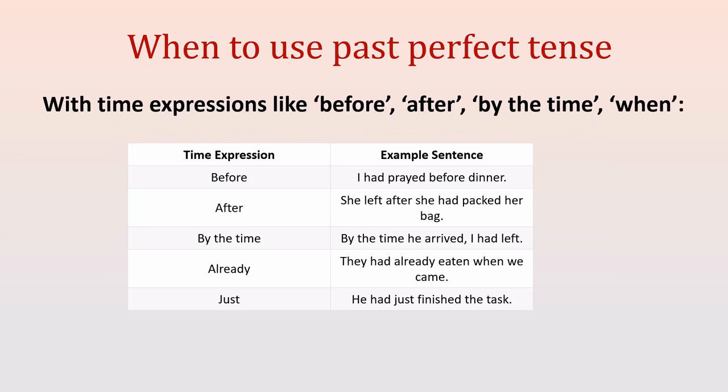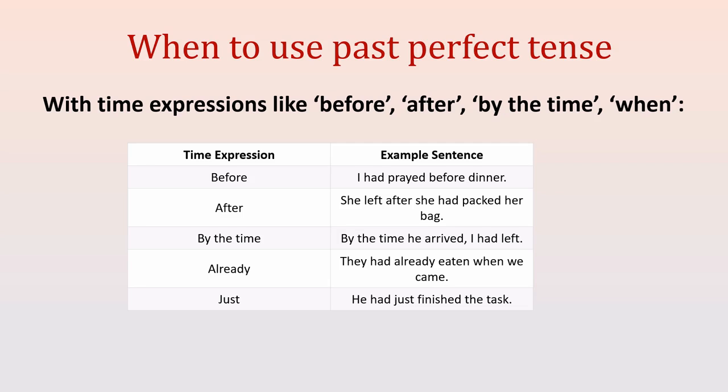Next, with time expressions like before, after, by the time, when. For example, before: I had prayed before dinner, meaning I had prayed first. There is a first action and then the second action. So there is also a sequence of actions here. After: She left after she had packed her bag. Again we have two events and there is a sequence.